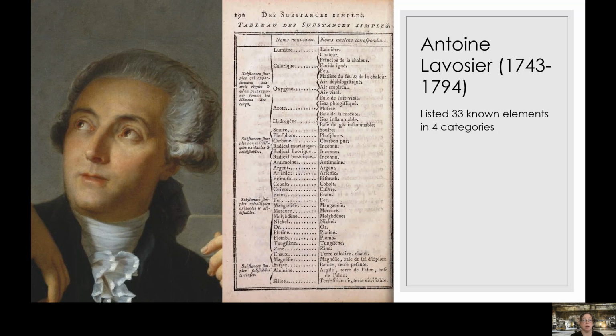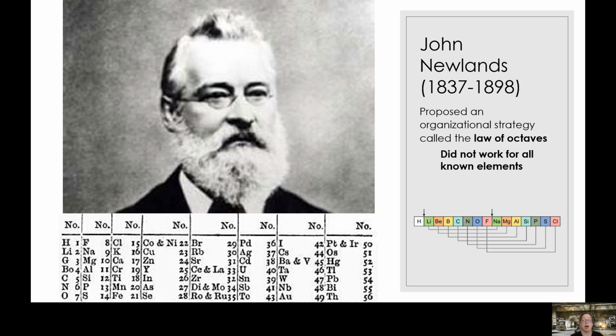John Newland proposed a different organizational strategy, and he called this the law of octaves. It didn't work for all known elements. Basically, he noticed a repeating pattern of properties, and about every 8 or so elements, the patterns repeated, and that's what this image underneath the text shows.